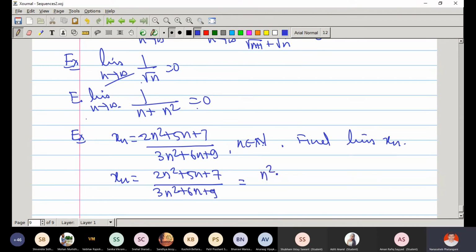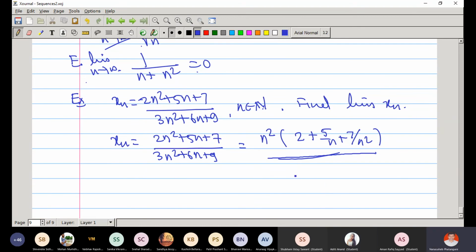Right. So I will take n square common from the numerator, and what should I write in the bracket? Correct. In the denominator, again I will take n square outside.